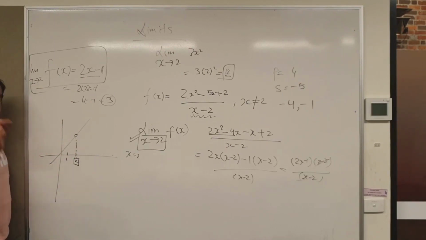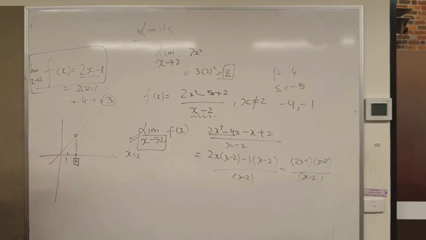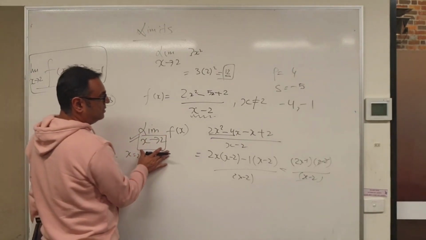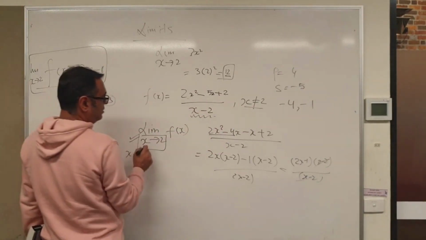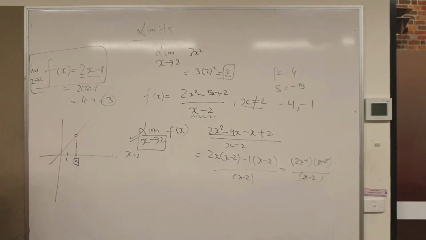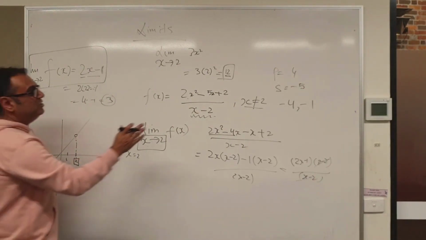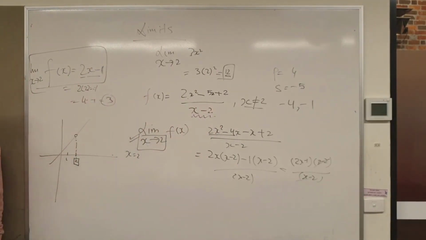This function is not continuous at x equals 2. They're all the same English lines. Make sense? So if you are asked to solve a limit with some condition, you cannot blindly put this value here because that will take you for a toss. You need to find a way, and factorization is the way to solve it. You get rid of this stuff and then plug in the value of the limit that's been given to you. Make sense?